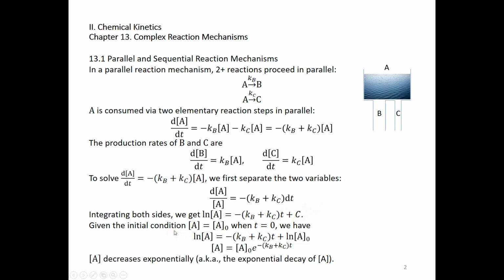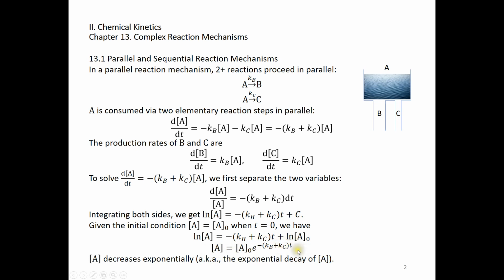If the initial condition is A equals A naught when time equals 0, we plug in the initial condition and we see this constant is equal to the natural logarithm of A naught. Therefore, ln A is negative (kB plus kC) times t plus ln A naught, and so A is A naught times e to the power of negative (kB plus kC) multiplied by time.